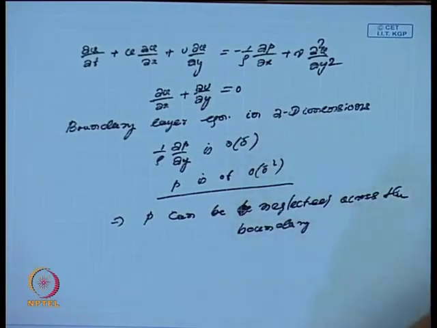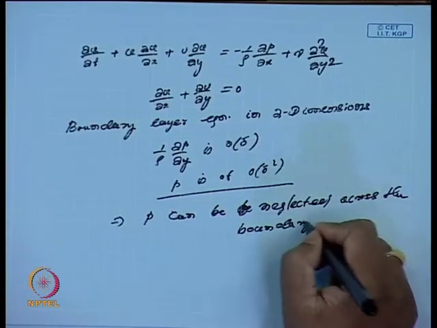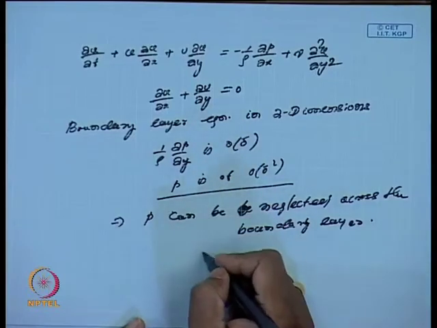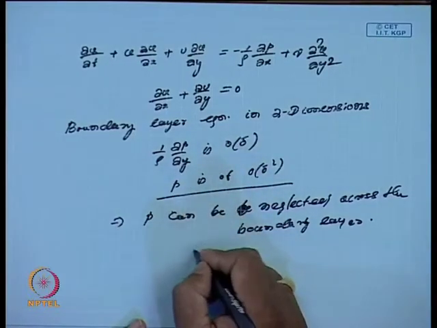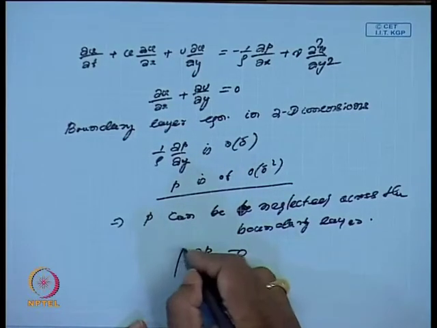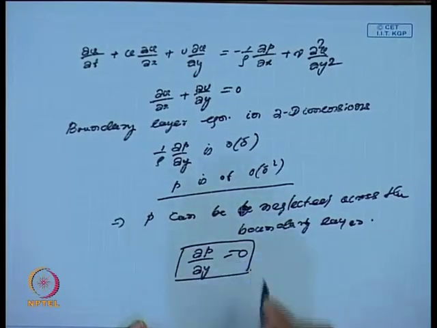We suggest that p can be neglected across the boundary layer. That is because, in the process, I can call it del p by del y is 0.